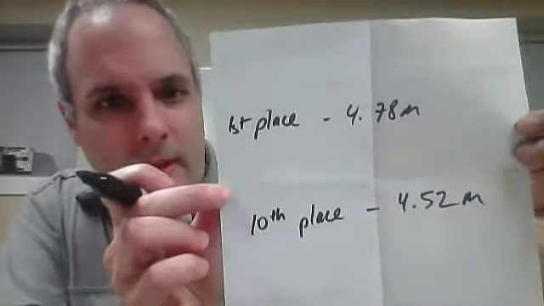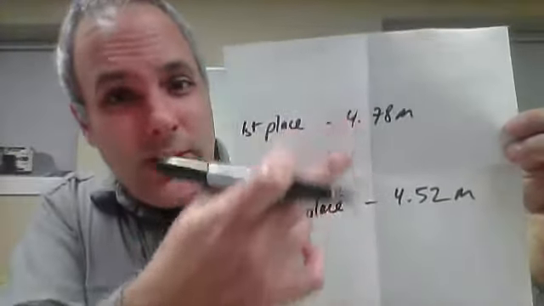First place, they jumped, and man, that girl can really jump. They're 4.78 meters. So I'm really far behind, almost a foot behind the first place. But I have a second chance.